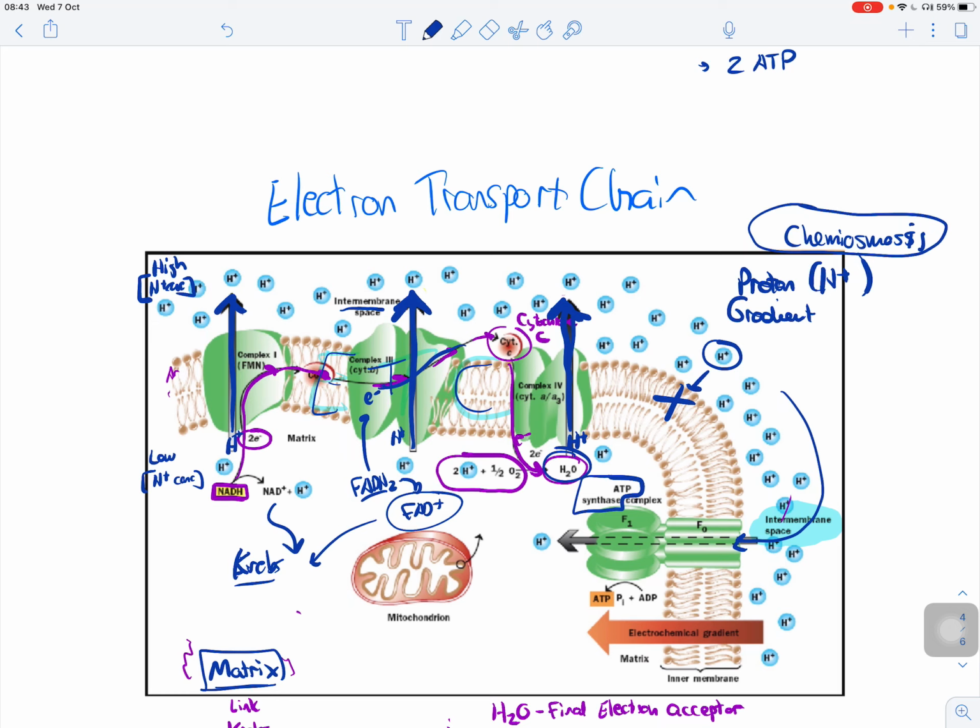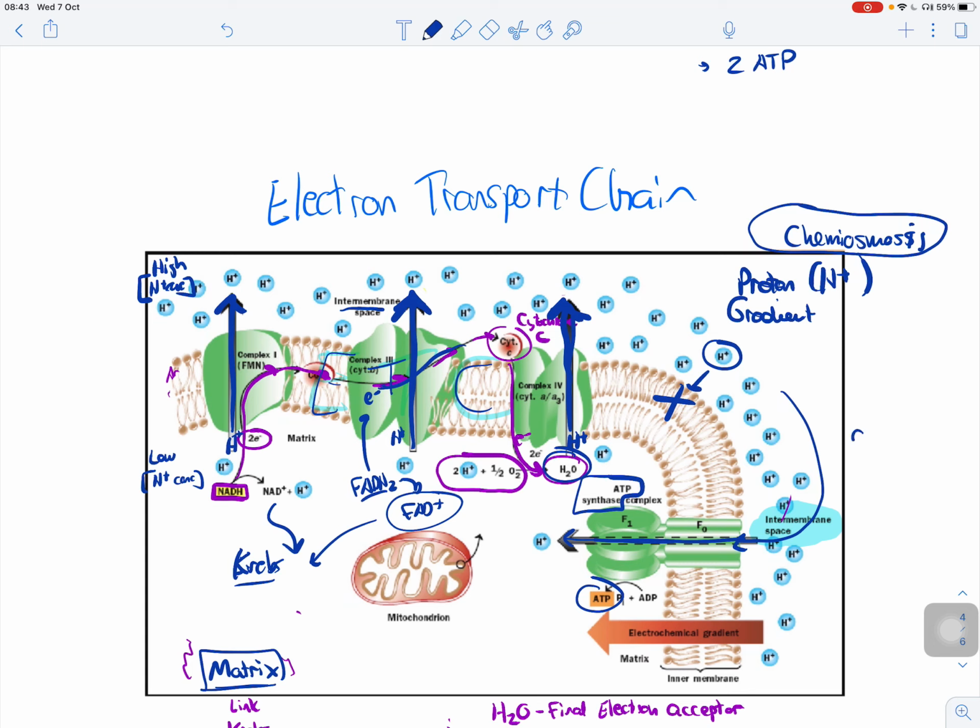So these are going to want to move from a high ion concentration into the matrix. Now, as one hydrogen ion moves through, you form an ATP molecule. Okay? So for every hydrogen ion that moves through, you form an ATP molecule. Okay?